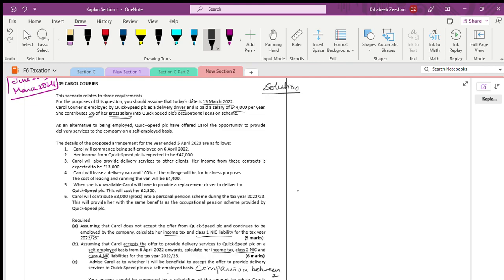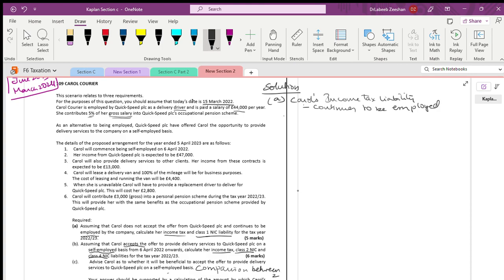Solution, point A: Carol's income tax liability if she continues to be employed.